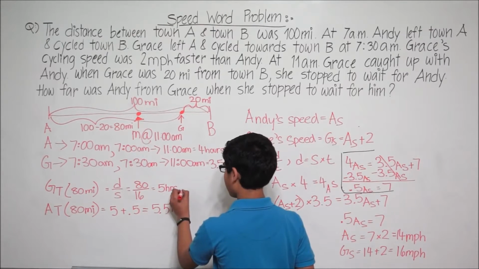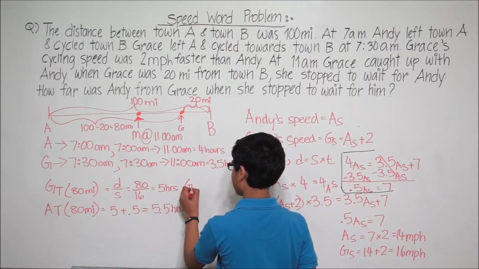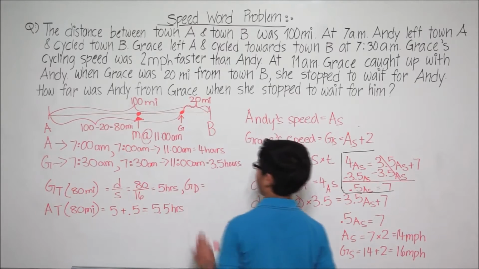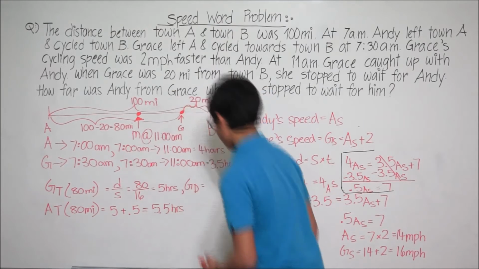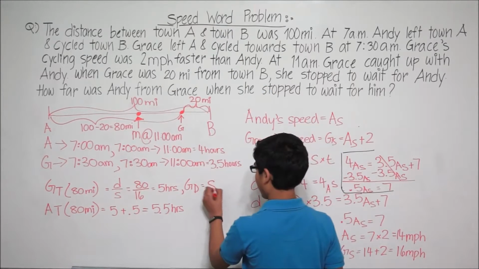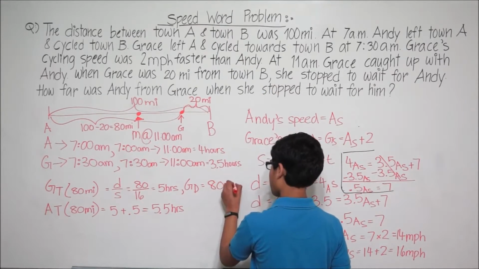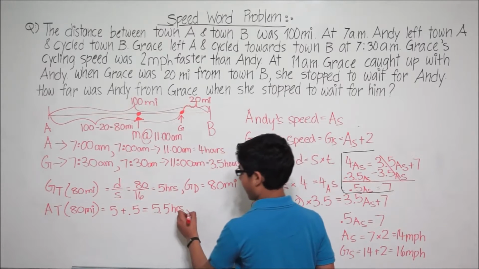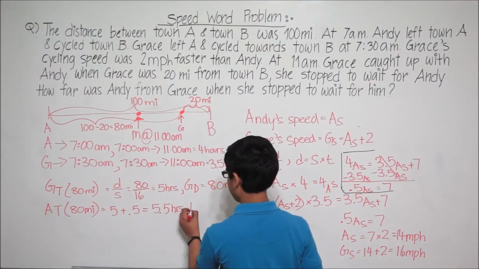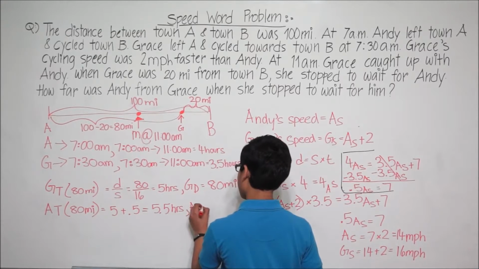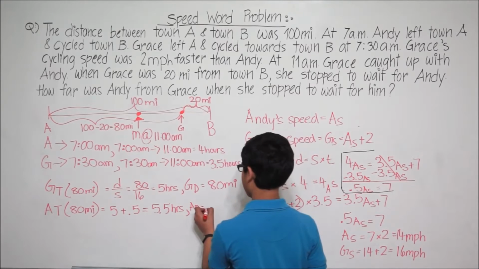Now let's find Grace's distance. So the distance Grace traveled so far, we know, is equal to 80 miles. And let's find Andy's distance. So Andy's distance is equal to the speed times the time.